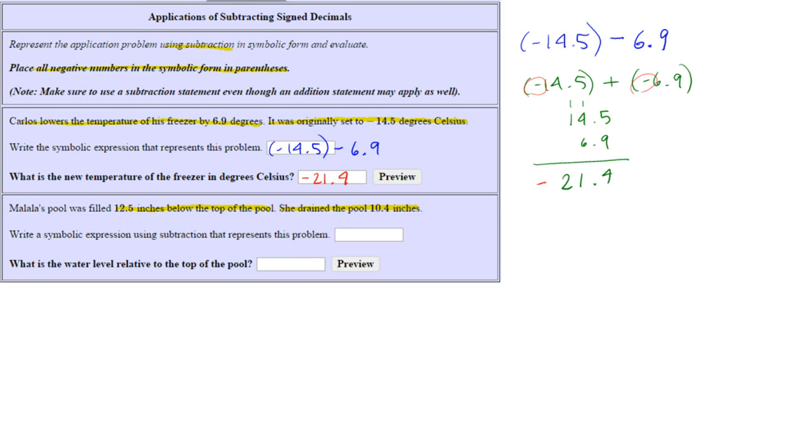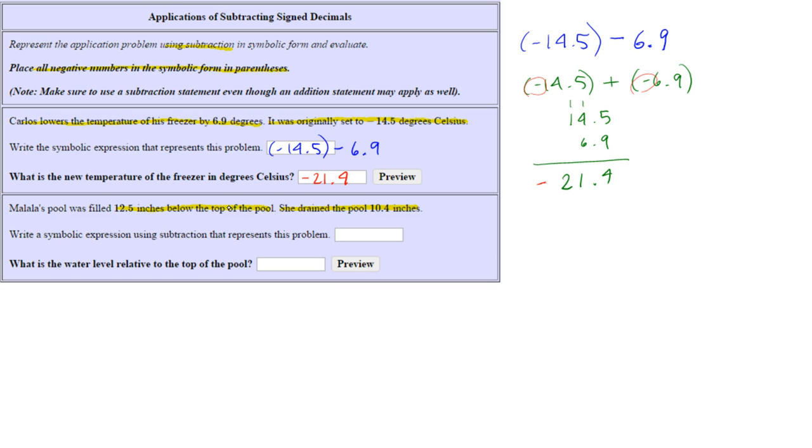Okay, so also notice here we're going to look at this question because it asks, what is the water level relative to the top of the pool? So in this problem, when we represented it, we're thinking of 0 as being the top of the pool. Okay, and as you have water that's lower than the top of the pool, that would be negative.